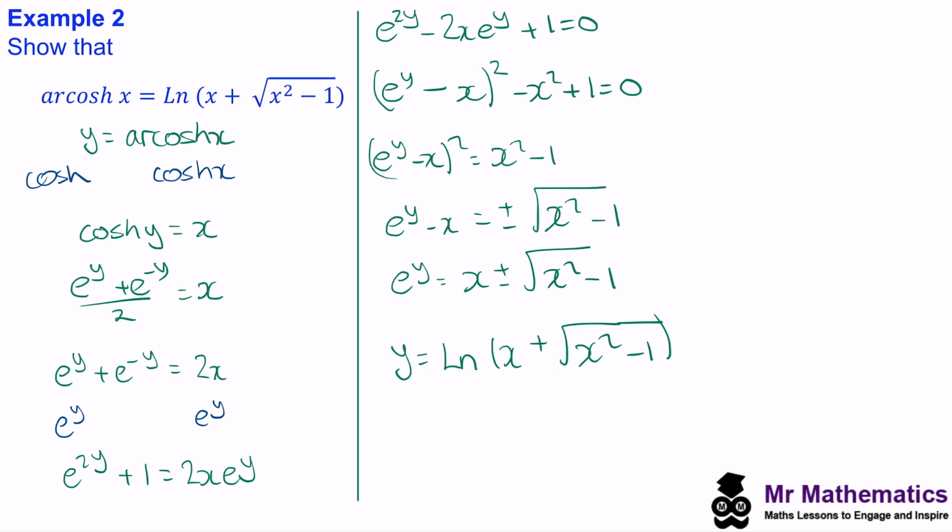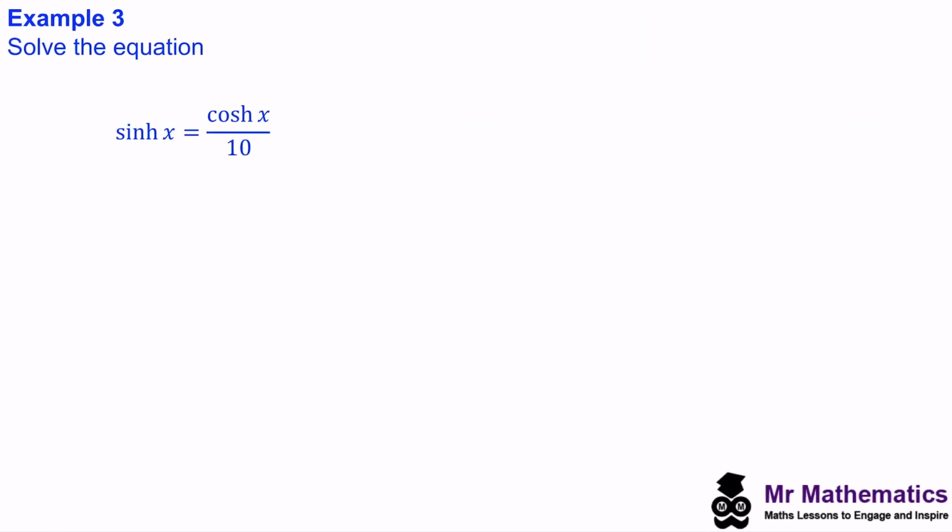Now that we have an equation for our cosh of x, let's explore how we can use inverse hyperbolic functions to solve equations. So to solve the equation, sinh of x is equal to cosh of x over 10, we're going to divide both sides by the cosh of x.